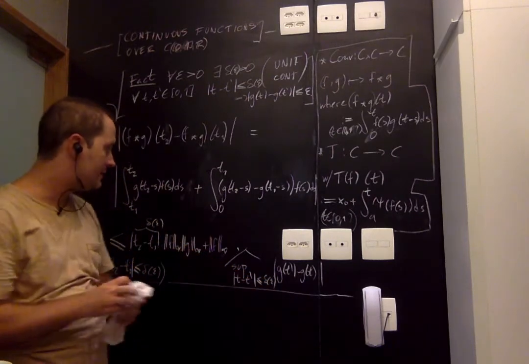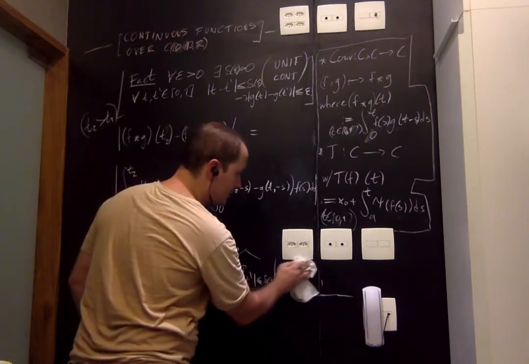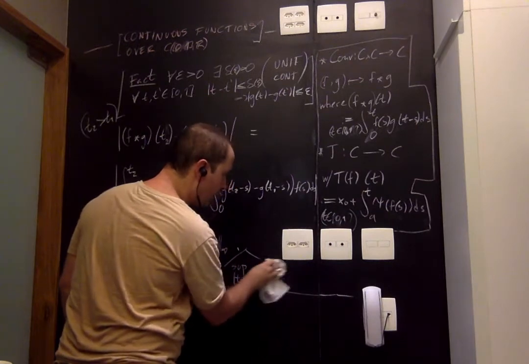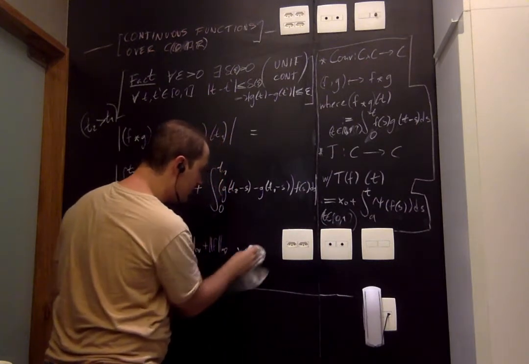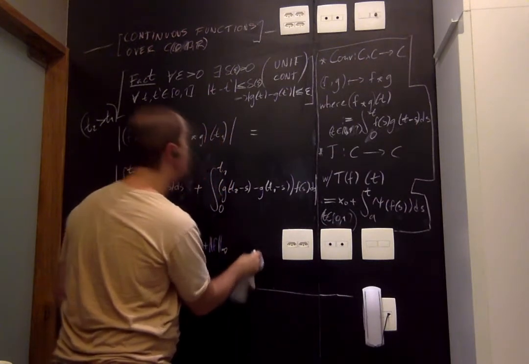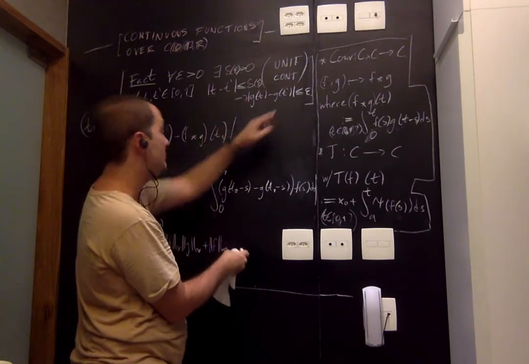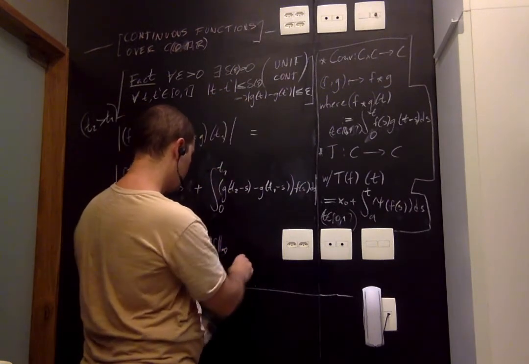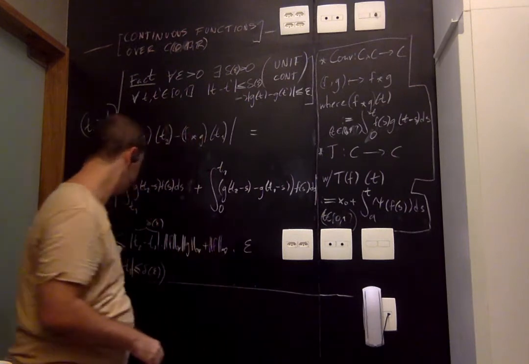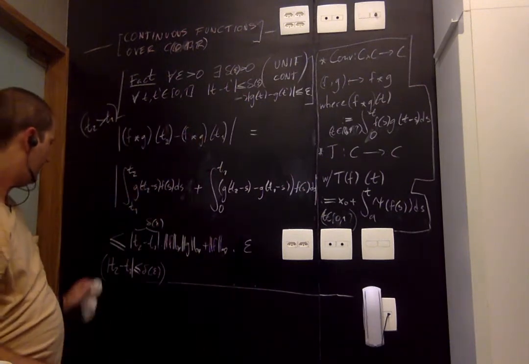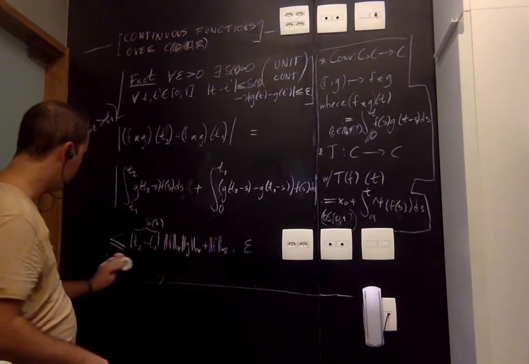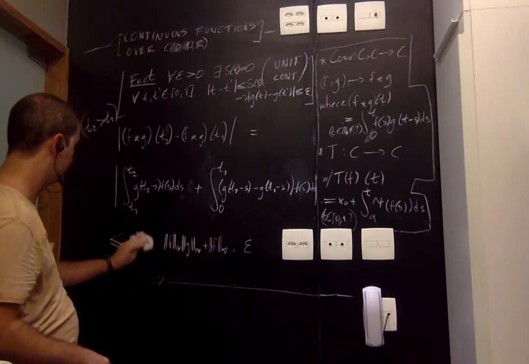Therefore, the sup has to be less than epsilon, right? So there is no mystery here. I'm just saying, okay, the difference between g of t and g of t prime for t and t prime this close has to be less than or equal to epsilon. So, okay, I can put an epsilon here. So let's look at the end result. The end result is this.